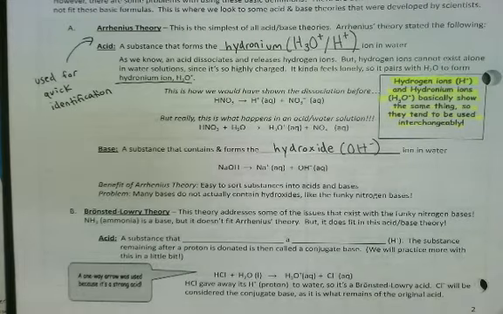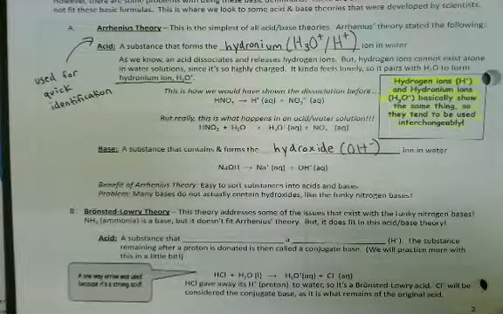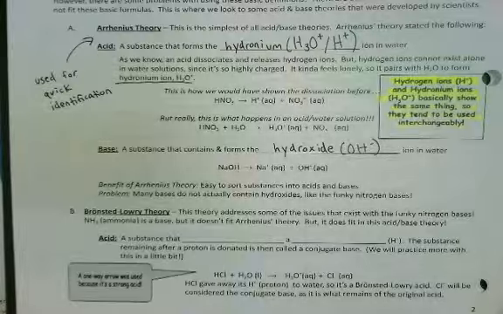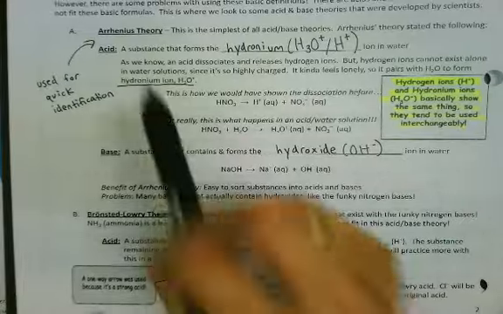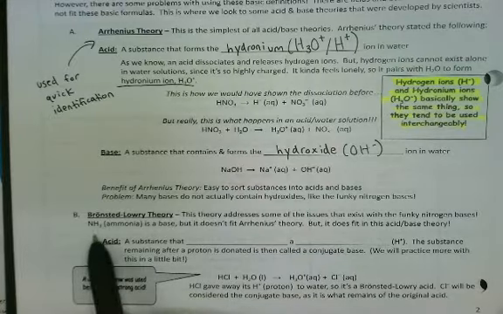So, great question. The question was, is there a certain theory that's right, or are they all just different ones? All of these theories are used to define acids and bases. Some of them are less inclusive of what we would consider an acid and a base compared to others. So scientists do use all of these depending on the situation. But what we will use most frequently in this class is the Bronsted-Lowry theory.